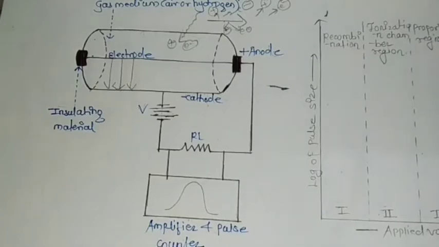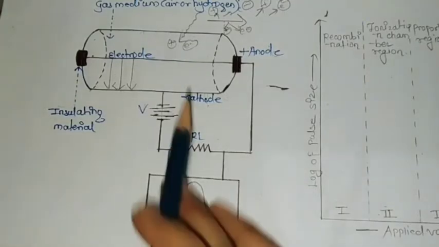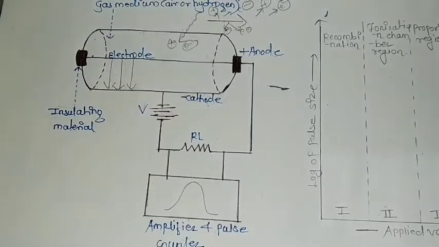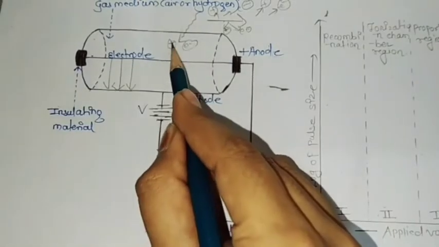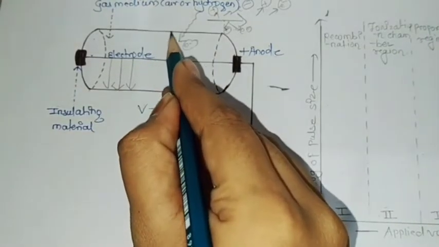The electrons experience a force, given by the electric charge multiplied by the electric field, and accelerate towards the metallic electrode, while the positive ions are accelerated towards the metallic surface.